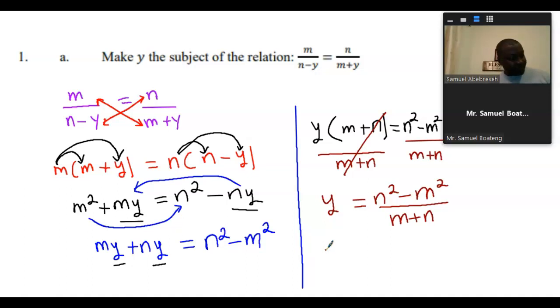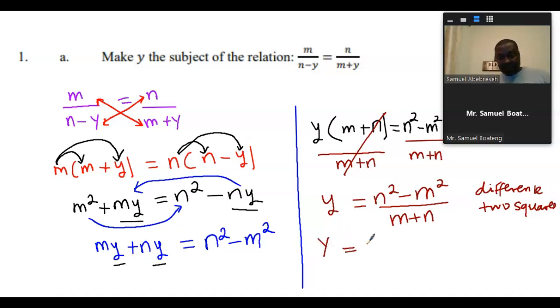Looking at the expression at the numerator, we have N squared minus M squared. This gives you difference of two squares. So we can factorize the numerator.